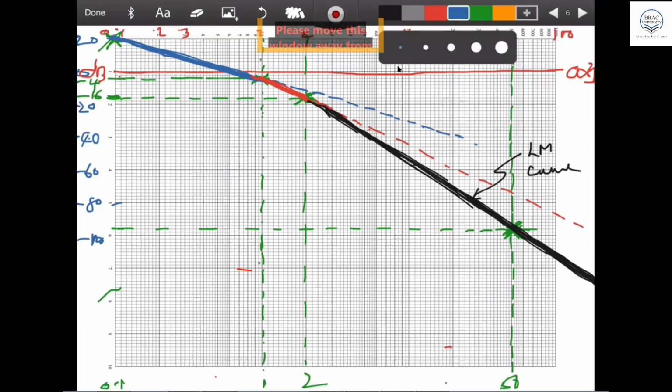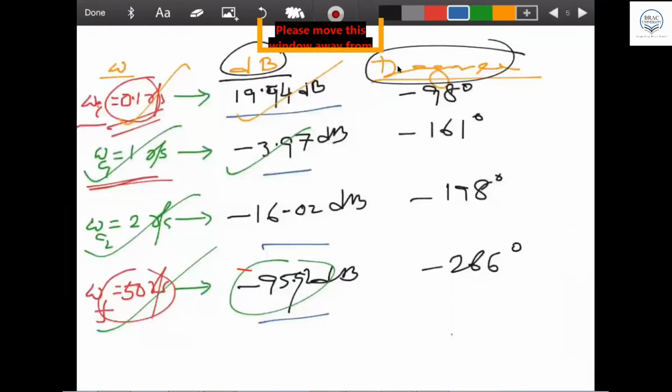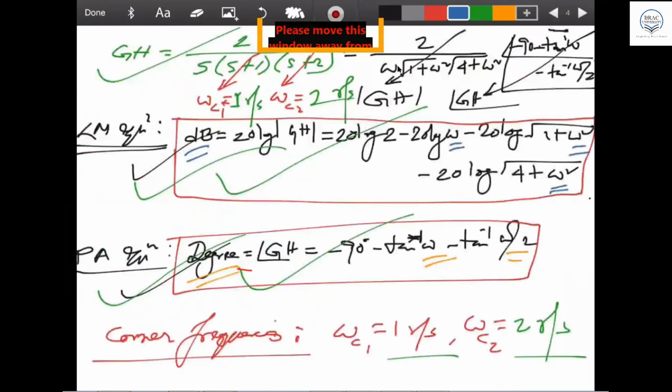Now, if I can divide it in this way, the blue one, if I say the blue one is for what equation, the blue curve along with the dotted line is coming for the first part of the equation, 2 by s.